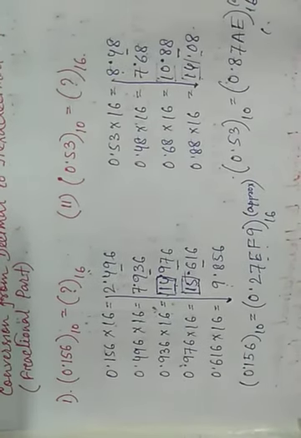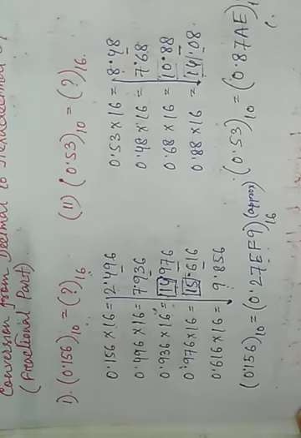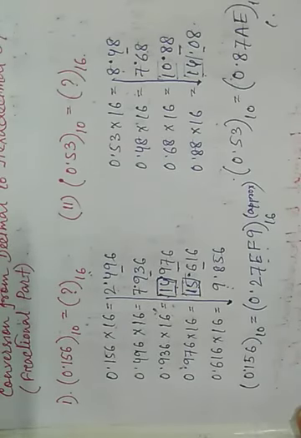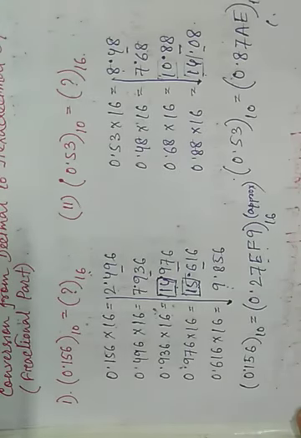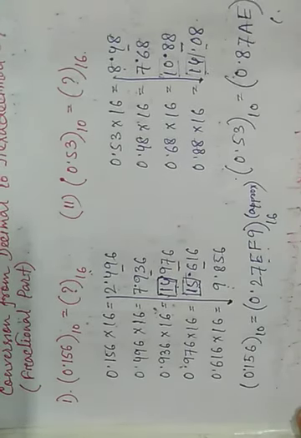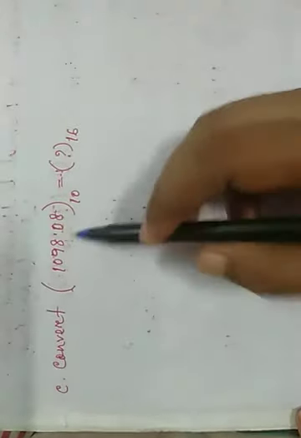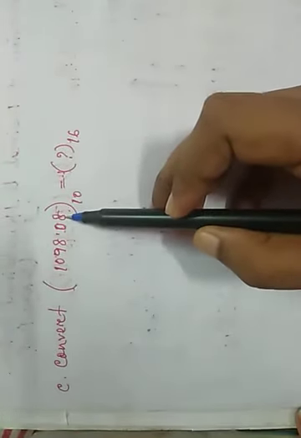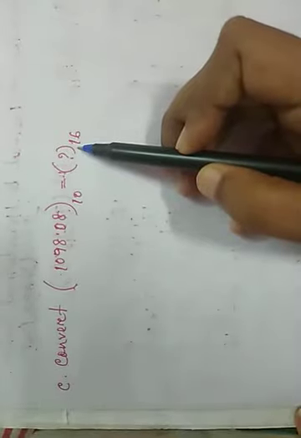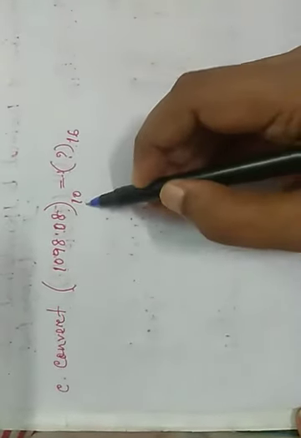Now we learned how to convert the integer part of decimal into hexadecimal, and the fractional part also into hexadecimal value. Now we combine both. Here it is 1098.08, base 10.